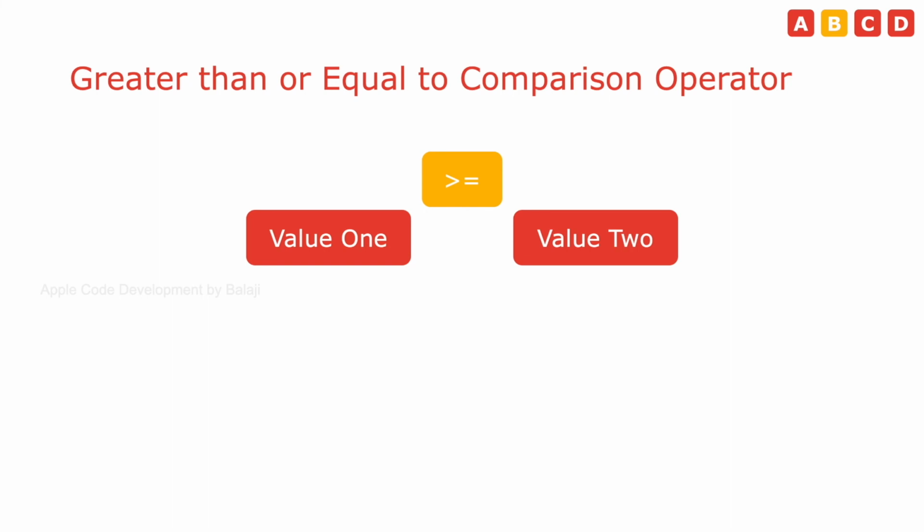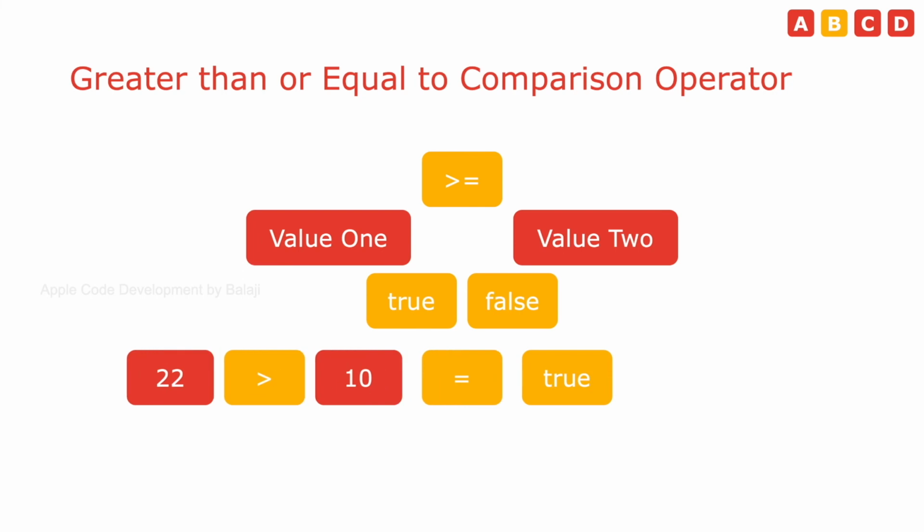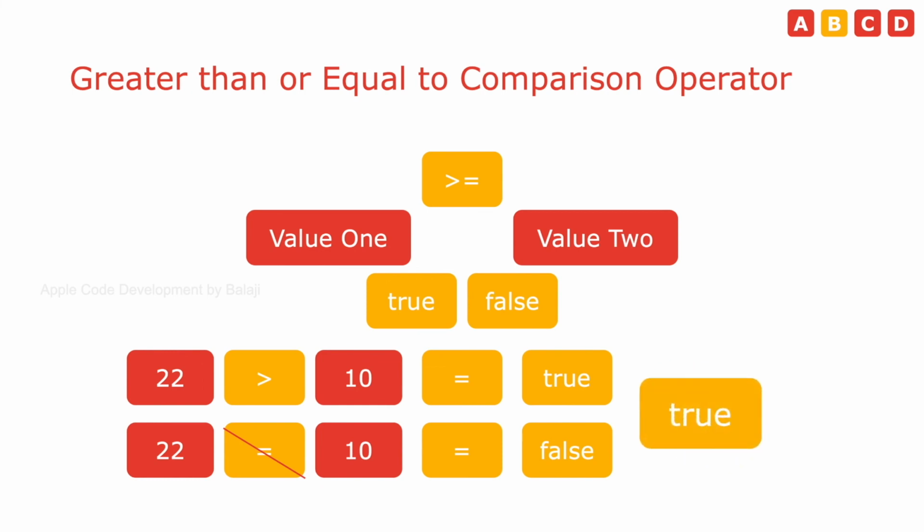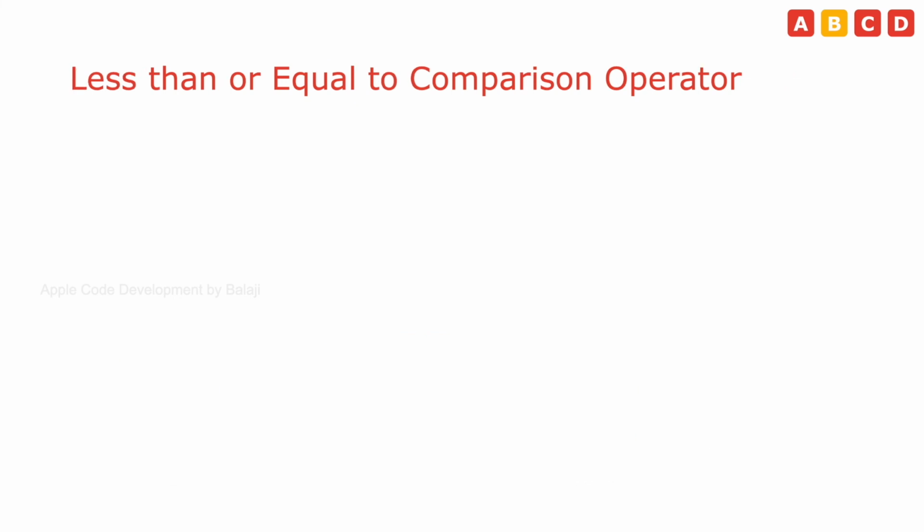If any one condition, either greater than or equal to, is satisfied, it will return true or else false. In our case, it is true because 22 is greater than 10, and 22 is not equal to 10. So as per the rule here, it should satisfy a minimum of one condition. So it is true.